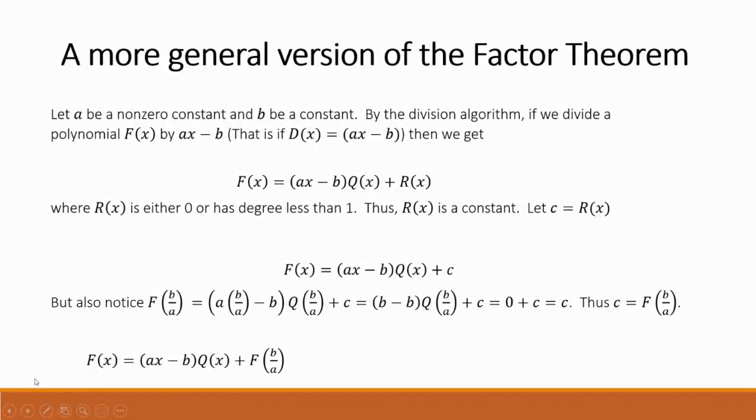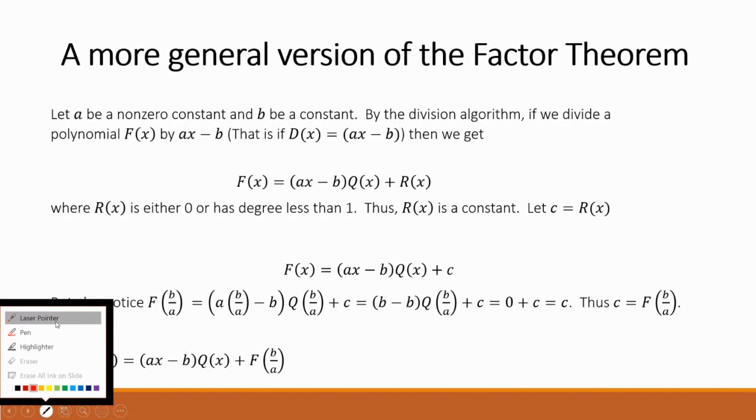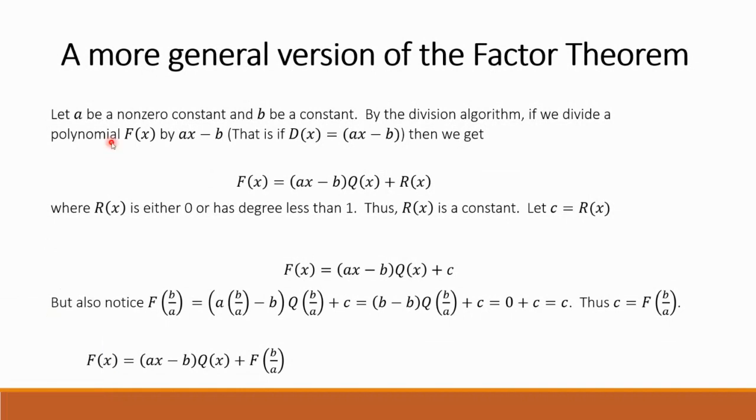Basically, we have this. From the division algorithm, if you remember, if you take a polynomial capital F of x and divide it by another polynomial D of x, by dividing, you'll get a quotient and remainder, essentially, right? That's what the division algorithm says.